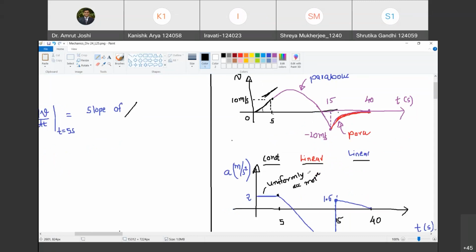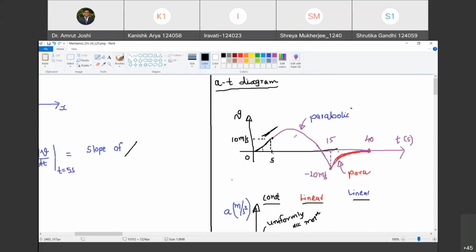Yes, sir. Now, as you move along the time axis, what happens to this slope? It becomes lesser and lesser, and finally it becomes 0 here. Do you agree with me? Yes, sir. So what should happen to the acceleration time diagram? It should go on dropping to 0, and it should become 0 at this point. Do you agree with me? Yes, sir. Another observation: wherever you see a peak in velocity, acceleration must be 0.